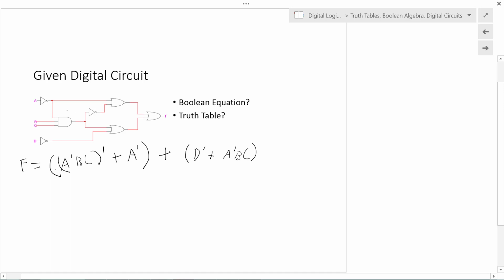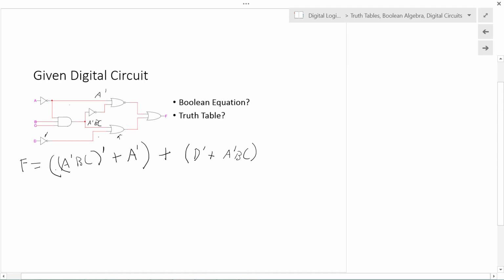So you have D prime, which comes from here, this OR symbol here, and then you have A prime, B, C. Like so, at this node.